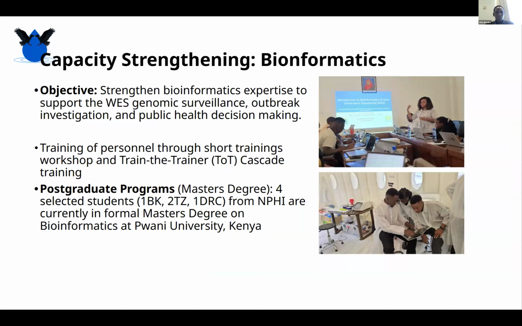So we also thought we should emphasize bioinformatics, because we saw that countries are generating data. However, there's a lack of expertise in bioinformatics, and this was highly prioritized. And our approach was to select a model that will suit us in terms of longer term and sustainability.